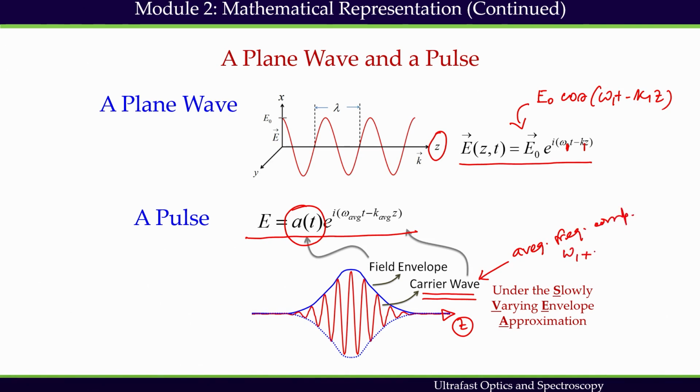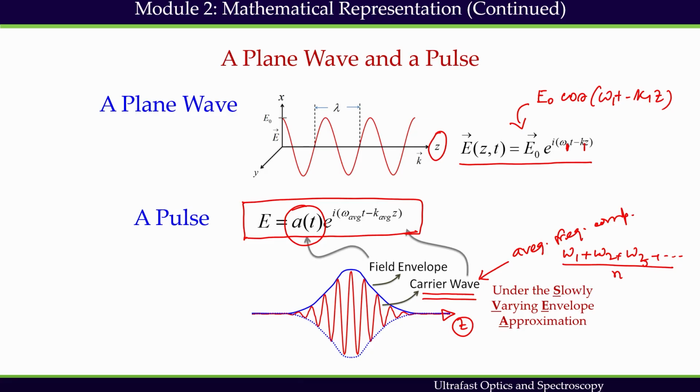All the frequency components which are interfering are summed and divided by their number, so that we get this average frequency component, and that's called the carrier wave of a pulse. And the field envelope is the modulation, the amplitude by which we modulate it. But this is under the slowly varying envelope approximation, this expression suggesting that we have an isolated pulse propagating along the z direction.